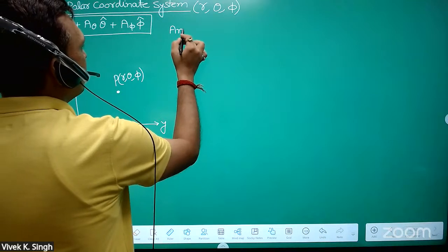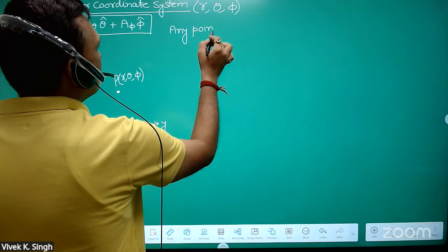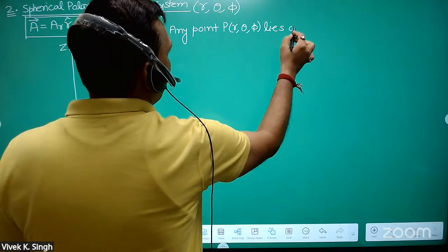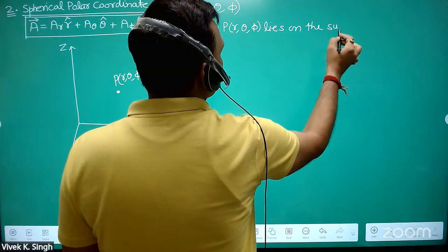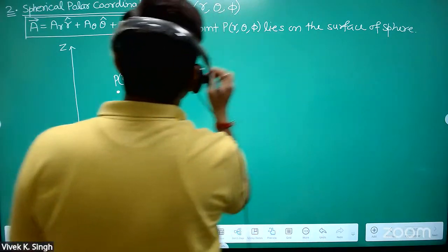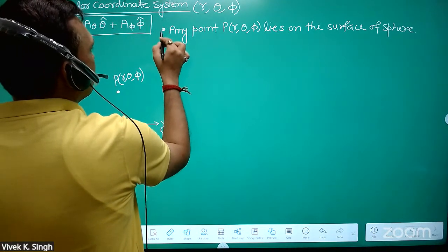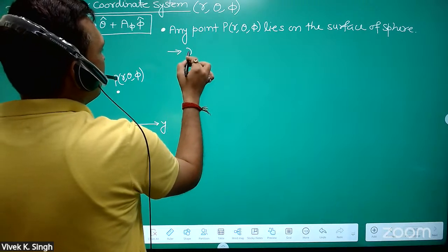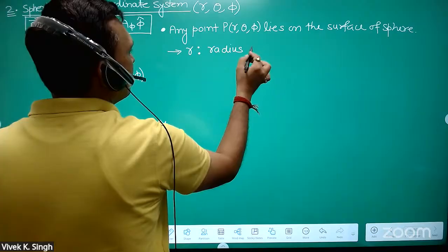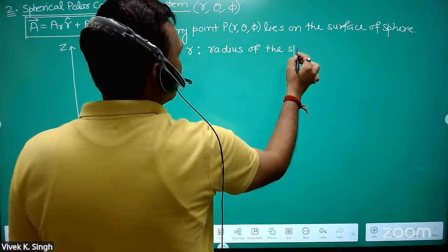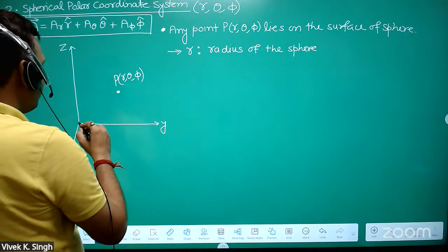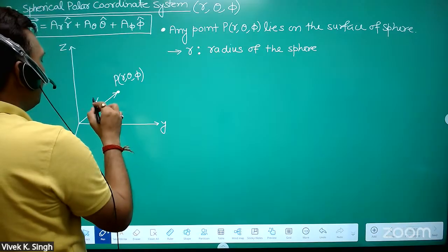Here r is the radius of that sphere. So let's draw a sphere of radius r.